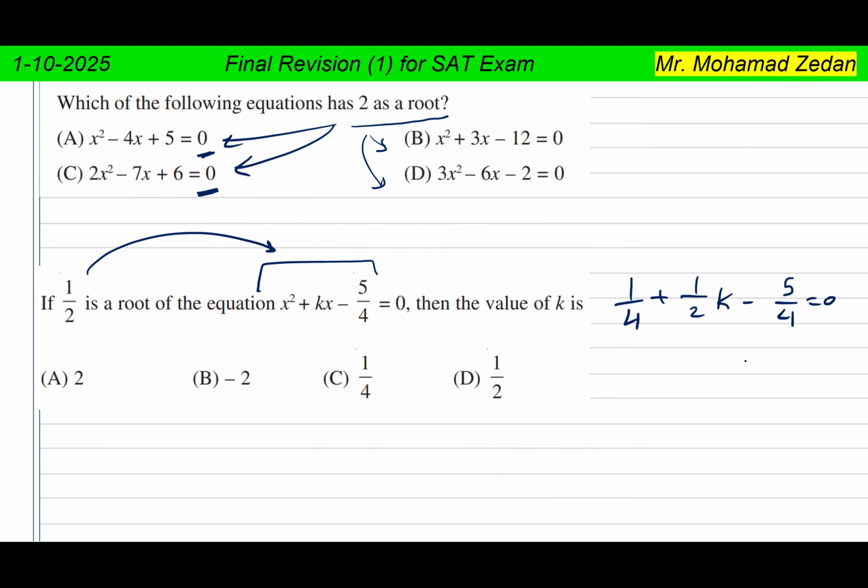Even if you insert it in Desmos, it gives you the value of k directly. Very simple. 1 minus 5 is negative 4. Negative 4 over 4 is negative 1. We move it to the other side, 1. So k in this case is equal to 2. You can solve it anyway.